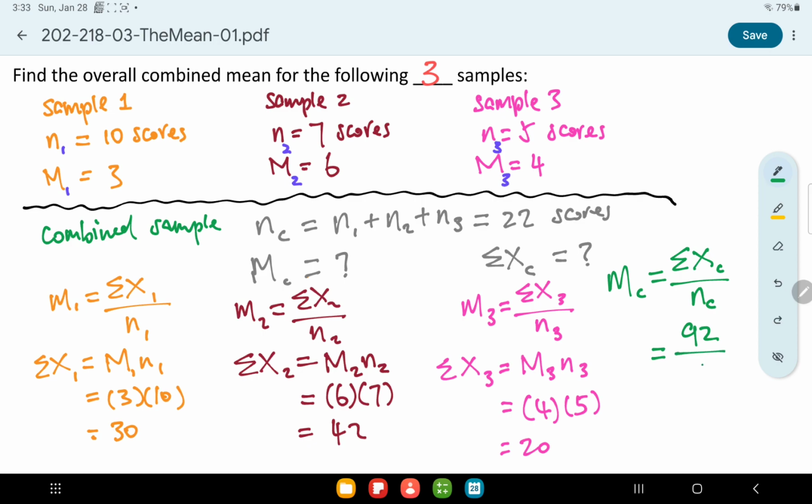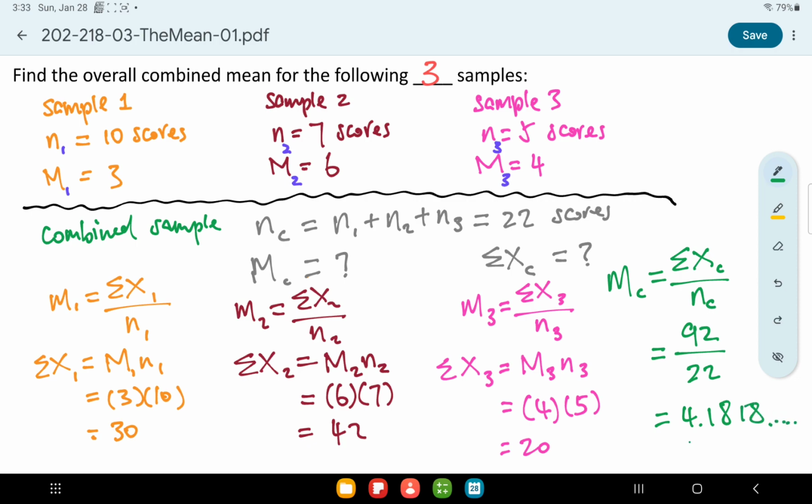N subscript C is the size of the combined sample, and in the combined sample together, there are 22 scores. Final step, figure out the fraction, convert the fraction into a decimal number, and we obtain 4.18 recurring, okay?